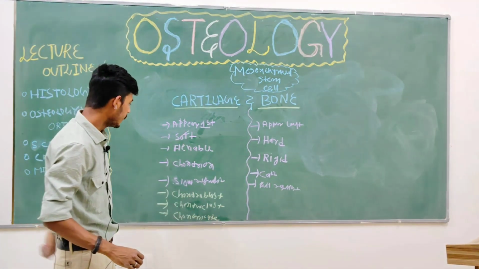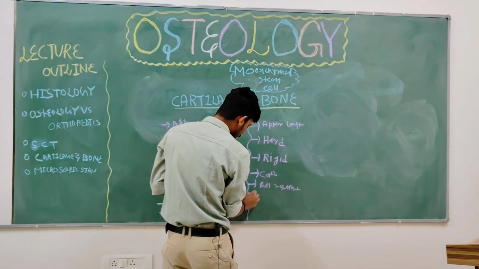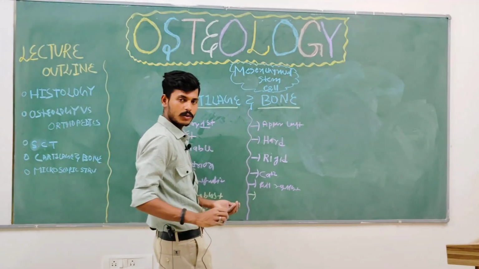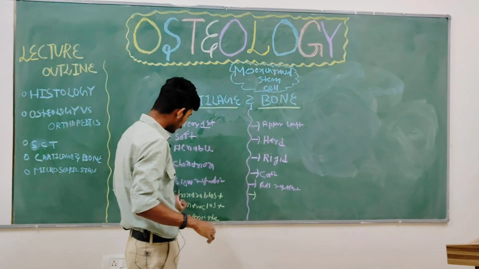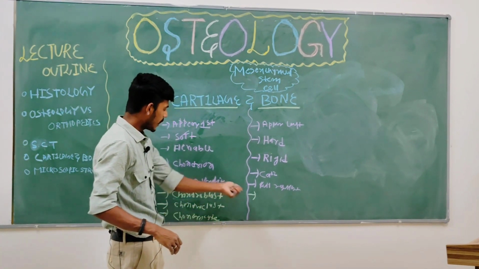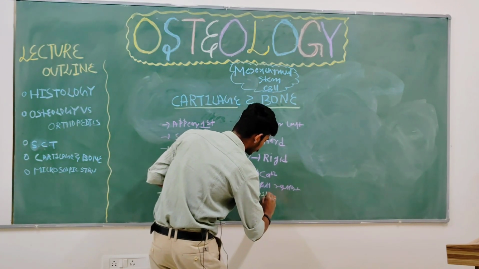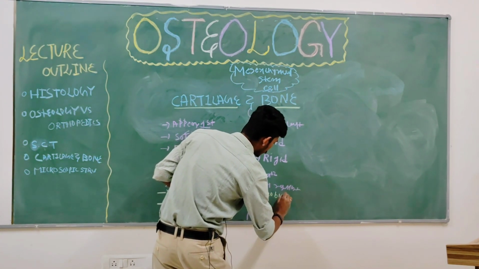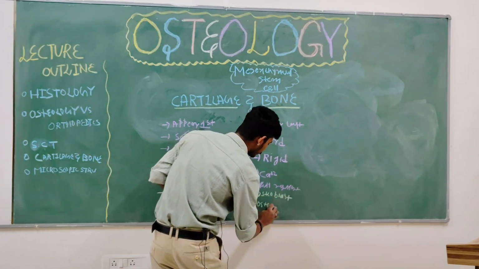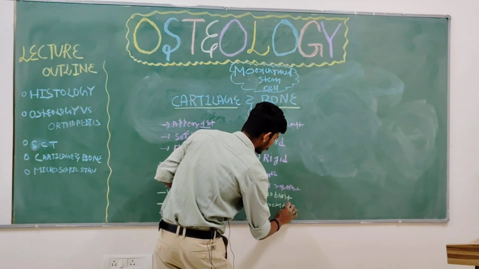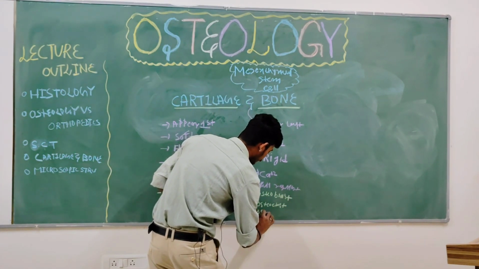Understanding? Same in the case of bone. Bone also possesses three types of cells, and their names are similar. Here we just change the word chondro and add osteo. So we have the osteoblast, then the osteoclast, then the osteocyte.